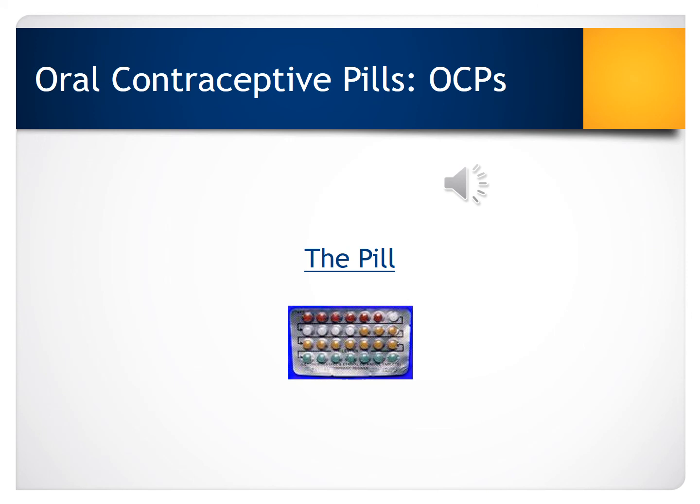So there is an alternative of progesterone-only forms of contraception. I've attached a video that gives a more in-depth detailed description of OCPs or the pills for you to take a look at.